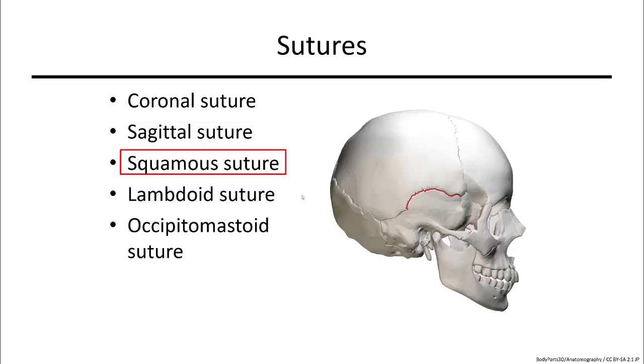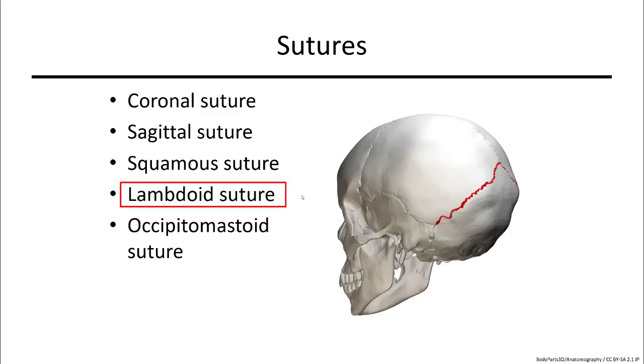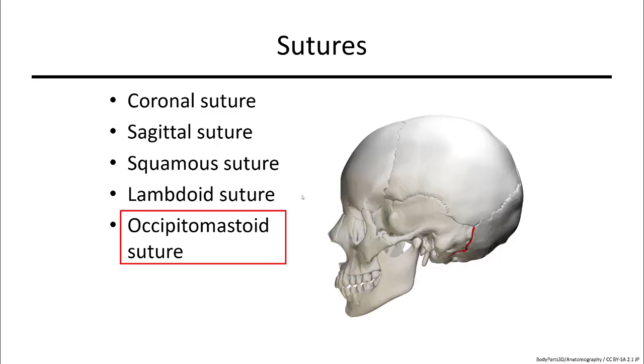The squamous suture makes sort of a rounded portion between the parietal bone and the temporal bone. We can see on the posterior side the lambdoid suture between the parietal bones and the occipital bone. And the occipitomastoid suture, which is the inferior part of the occipital bone and the temporal bone.